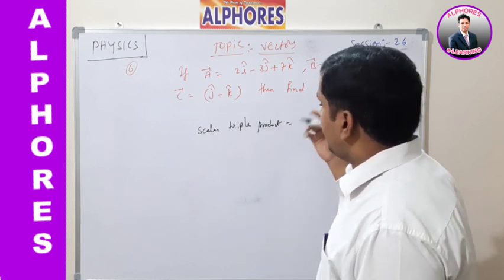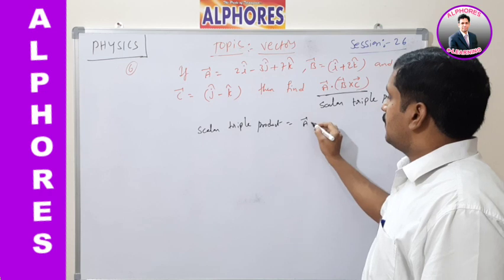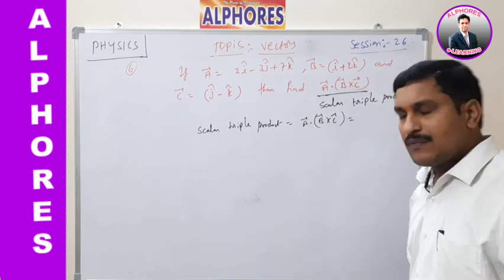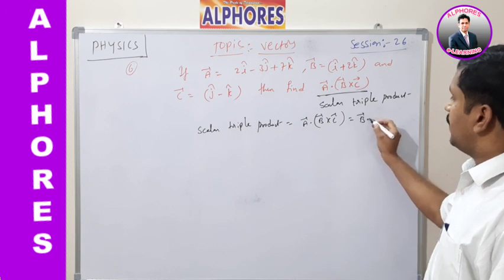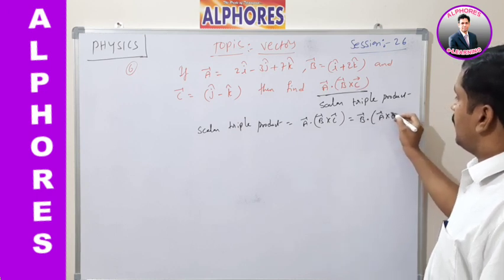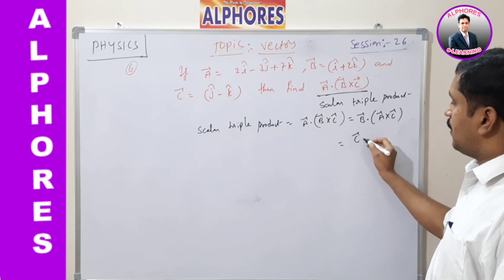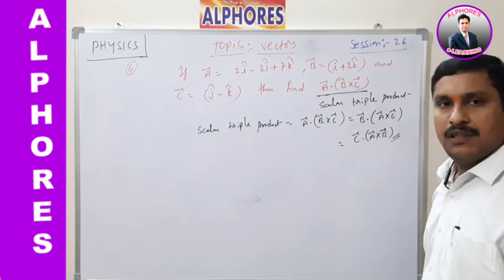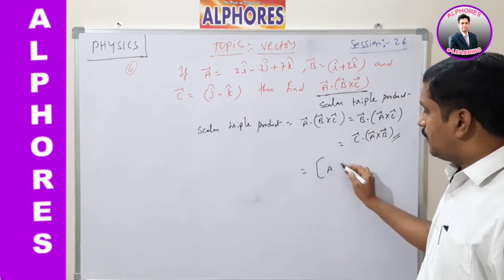What is the scalar triple product formula? A bar dot B bar cross C bar, or sometimes this can be written as B bar dot A bar cross C bar, or sometimes C bar dot A bar cross B bar. So this can be denoted by box of ABC.